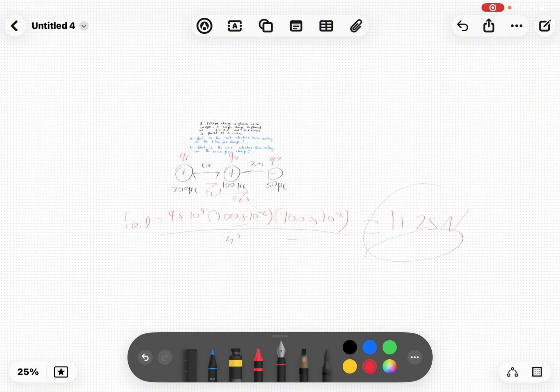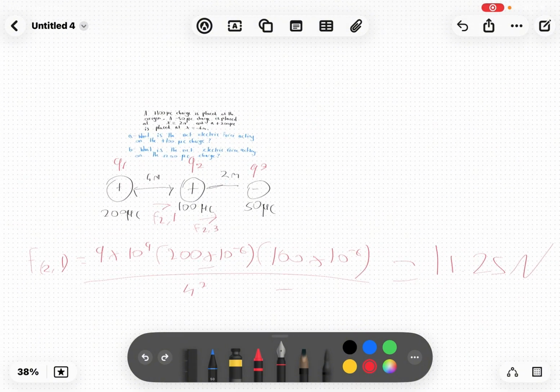So that is the force exerted on charge 2 by charge 3.